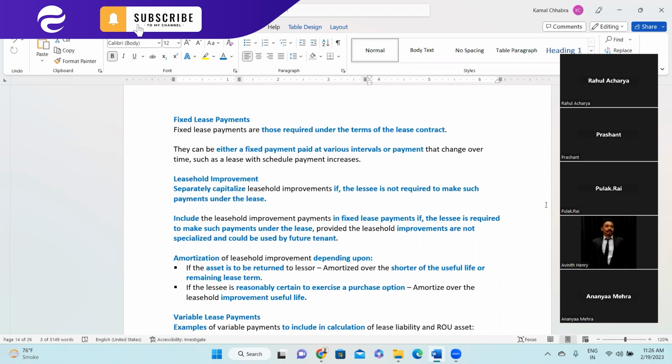That depends upon the arrangement of that furniture. If it is arranged by the lessor, then the lessor will recognize the extra cost. But if the lessee itself arranges through a third party to enhance the property, in that case they'll recognize the enhancement in their books.